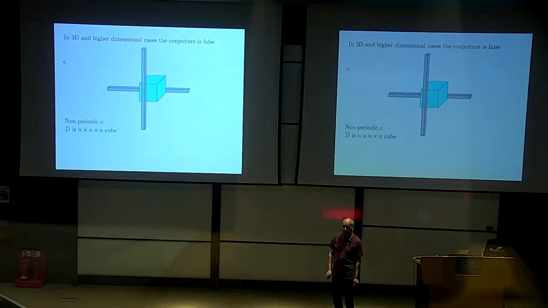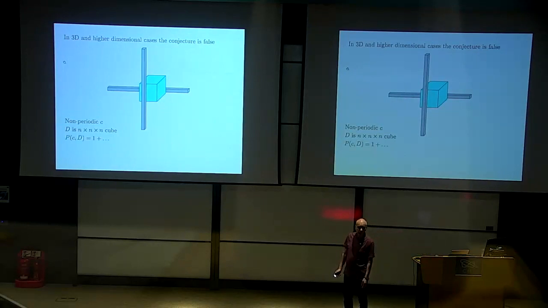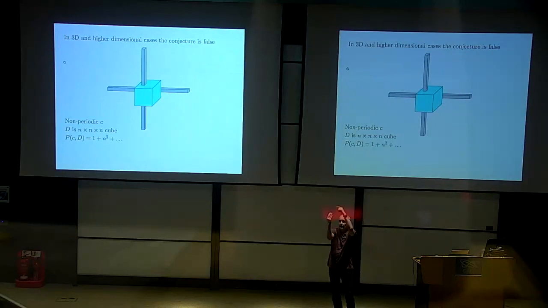Let's say you take an n by n by n cube, n being the distance of these 2 bars, and let's count. How many patterns, cubic patterns, do you see in this configuration? It's easy. First of all, you have the all-white pattern. Then you have those patterns where the vertical bar pierces through your cube, and you have n squared choices where it might pierce through your cube.